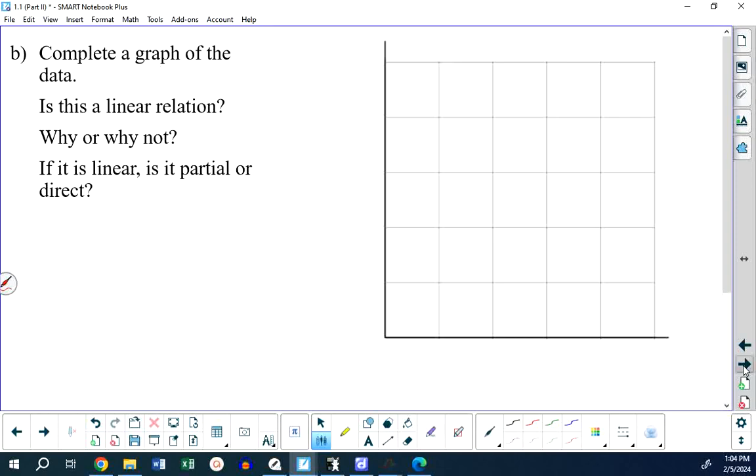Alexa, do you have one? What's something we got to add to this before we can start putting data on there? Numbers. We need numbers. And that means we have to know what we're plotting where. We're going to plot earnings on the vertical axis because the pay depends on the number of hours.